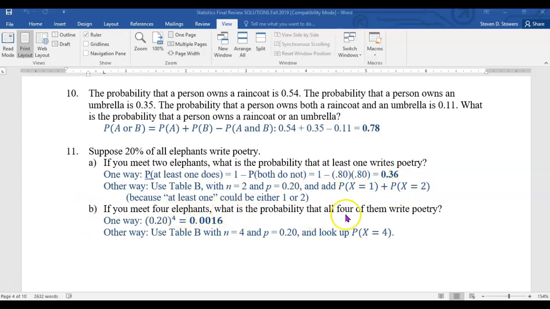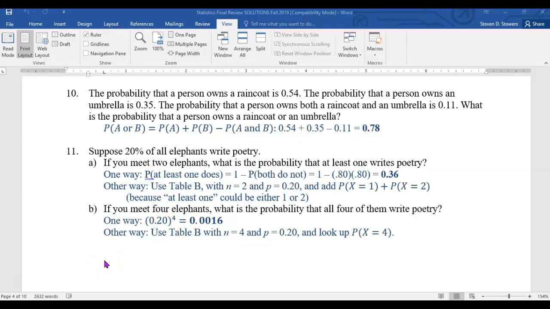If you meet 4 elephants, what's the probability that all 4 of them write poetry? You could also treat this one as a binomial probability question. This time n would be 4, p would still be 0.20, and for all 4 of them to write poetry, that means x equals 4, 4 out of 4. So you could look that up on table B, or you could calculate it by treating it as an and question.